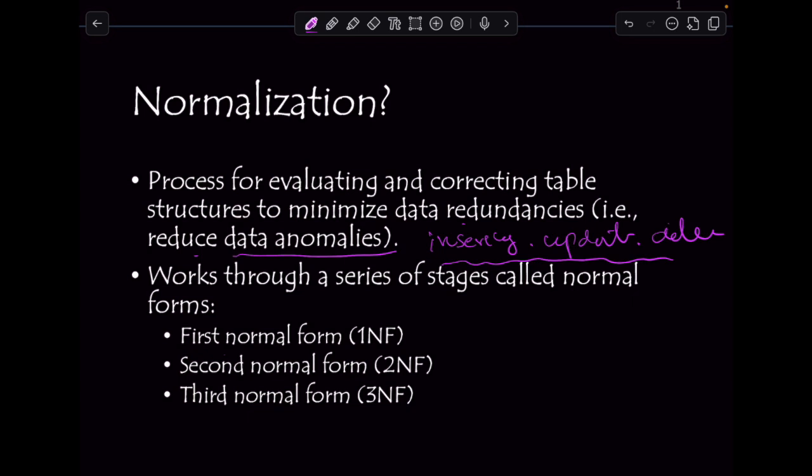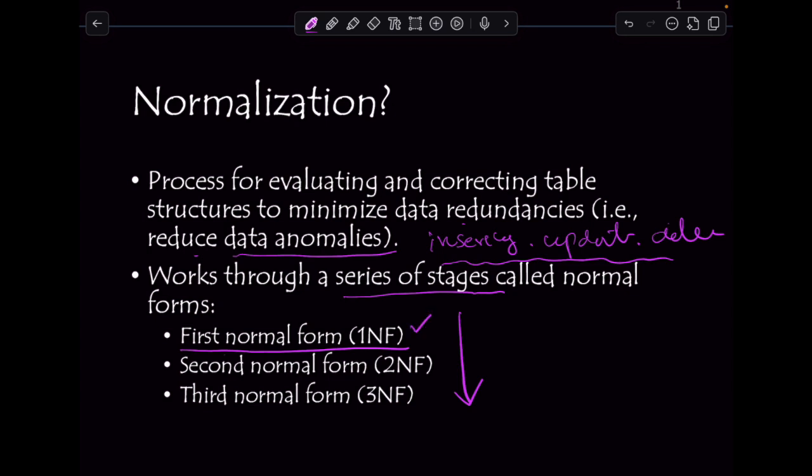Why do we need normalization? It's actually the same purpose. By applying this normalization technique, we can make a better database. Normalization itself is a series of stages called normal forms. What this means is you will start with a random database, and then if you apply some steps described in normalization, you will get the first output, called the first normal form.